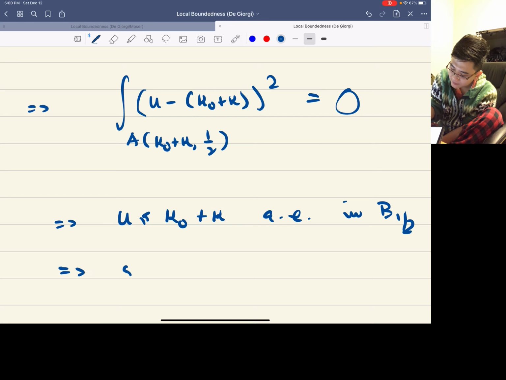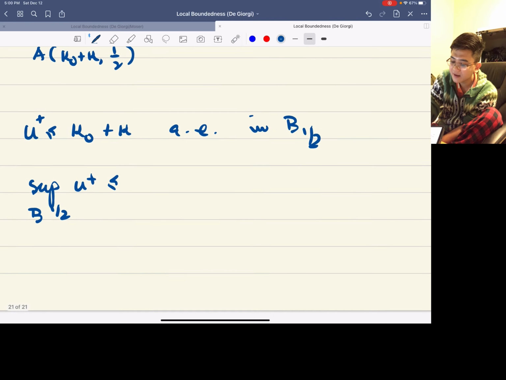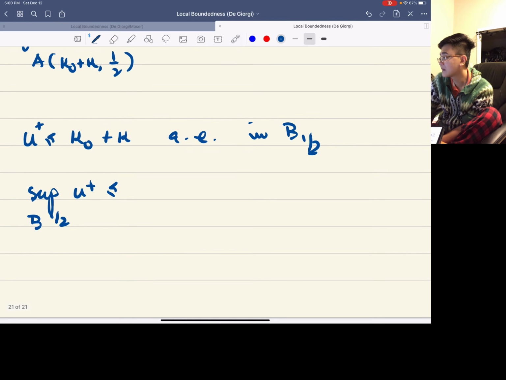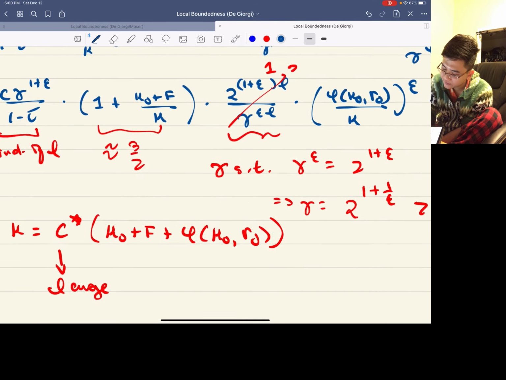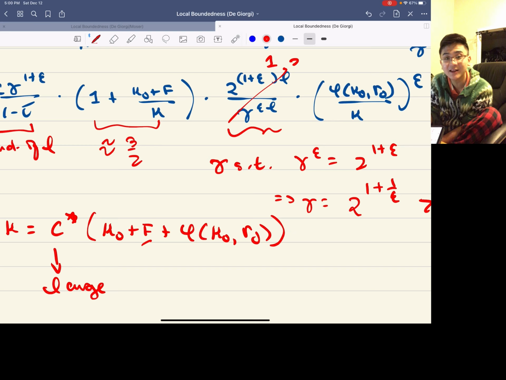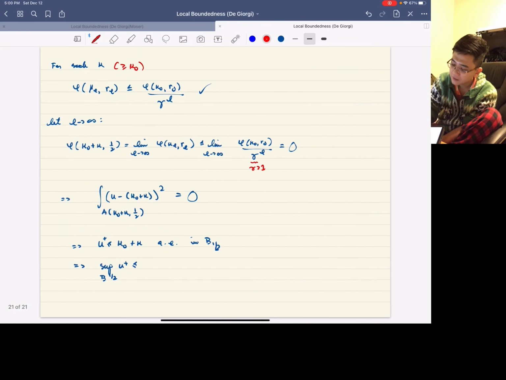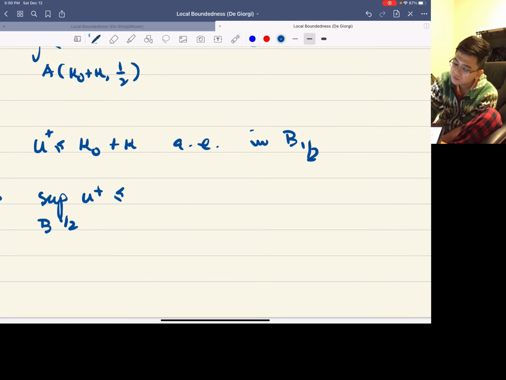Or that this positive part, sup of u plus in B 1/2, is less than or equal to K0 plus K, but in fact, remember that the choice of K depends on F, which is the LQ norm of little f, and phi of K0 R0, which is like the L2 norm of u plus. So I invite you to do the algebra, but you get the result that we want.